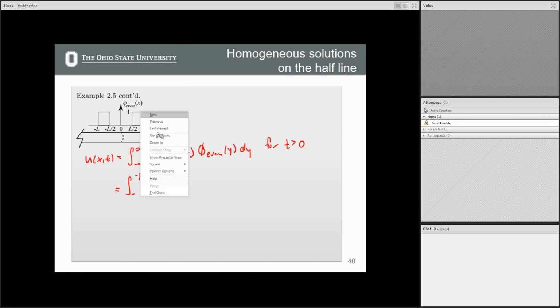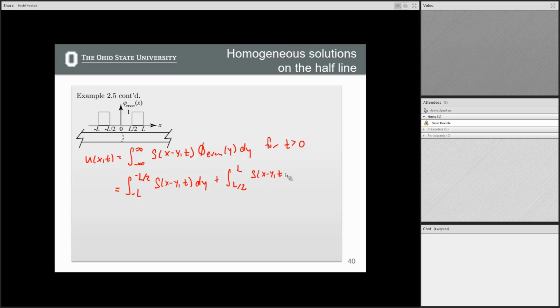Doesn't matter, but okay, so now I can fill in my actual form of the Green's function, this is exactly the same as the previous problem.